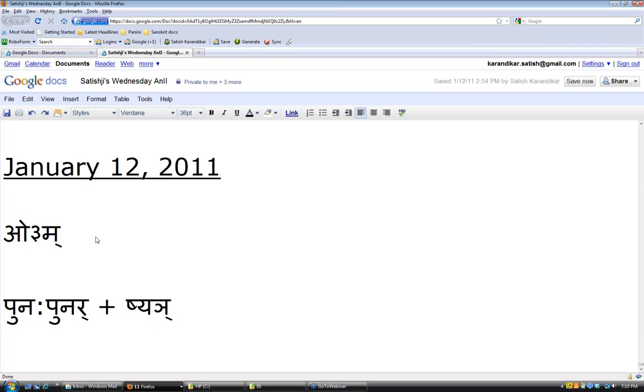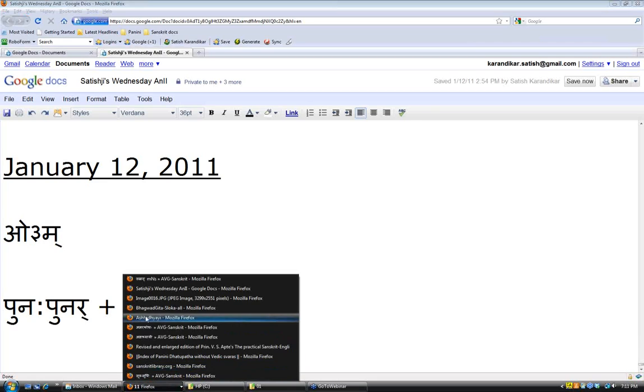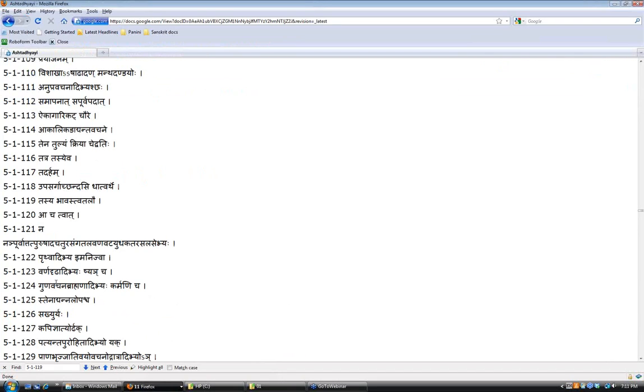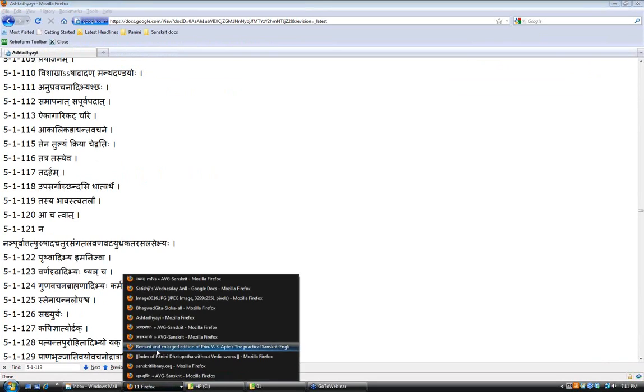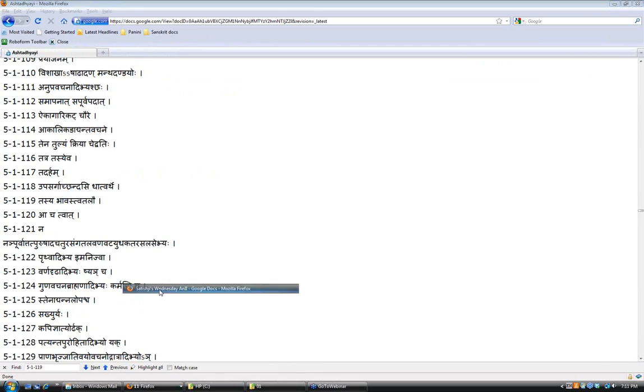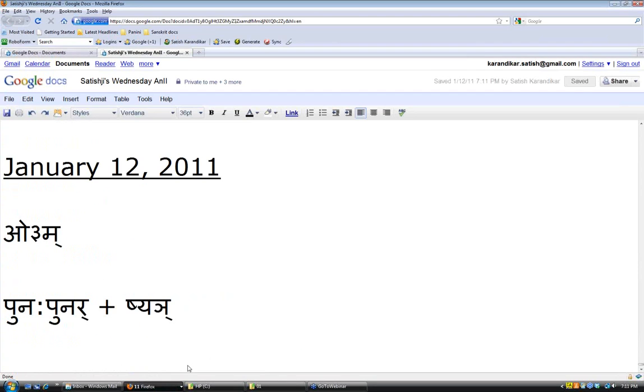Taditeshu achamadehe. So first, this sutram we can put right here. Put the number here. I think this one is 51124. So put 51124. Let's start with that. And after that, let us do the prakriya now.